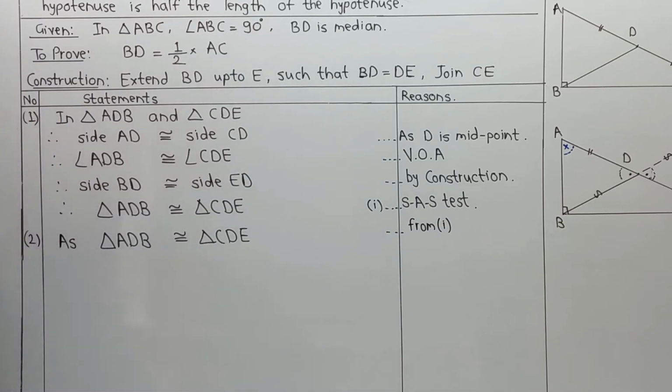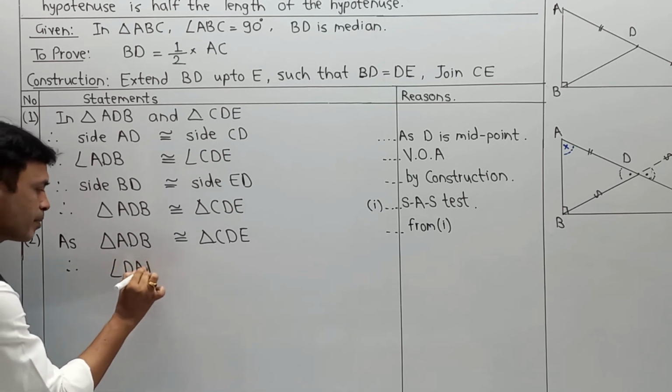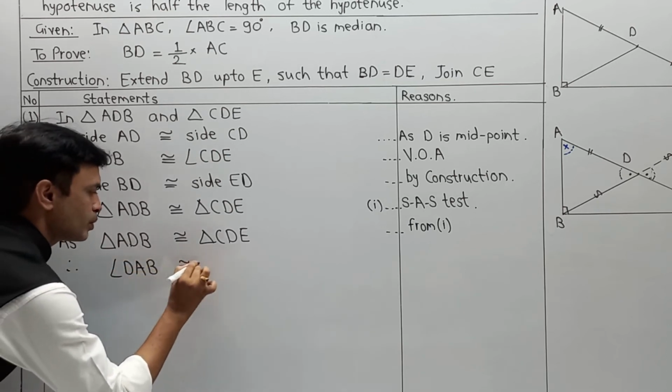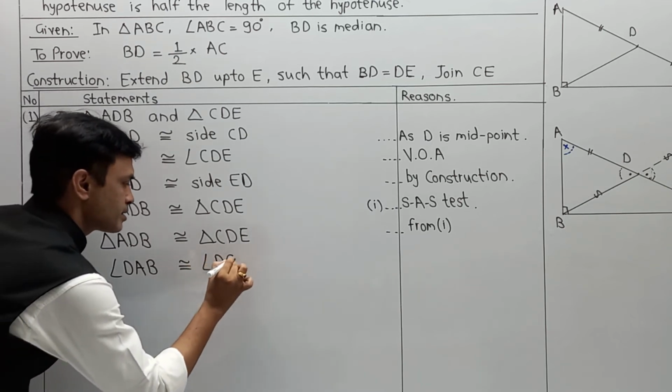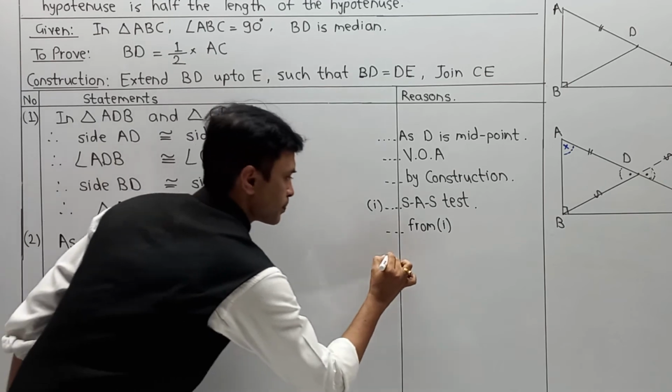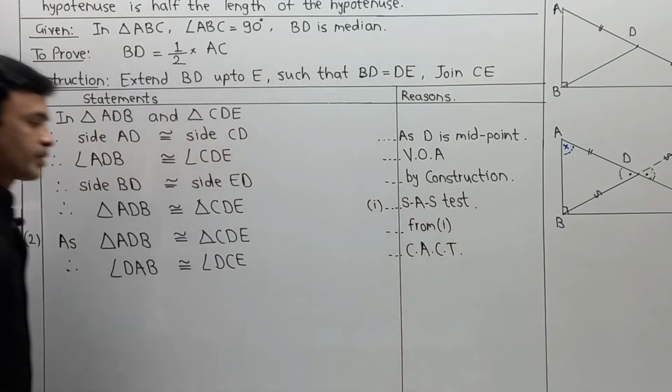Next, therefore, angle DAB is congruent to angle DCE. Reason, corresponding angles of congruent triangles.